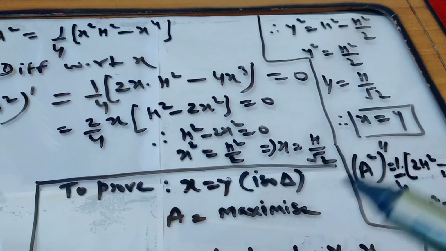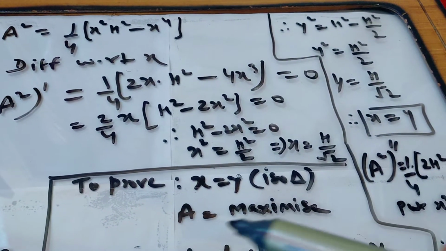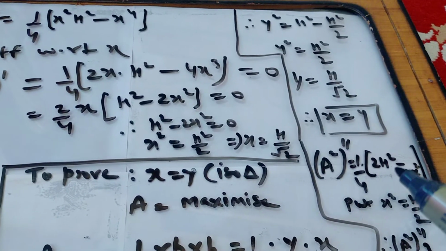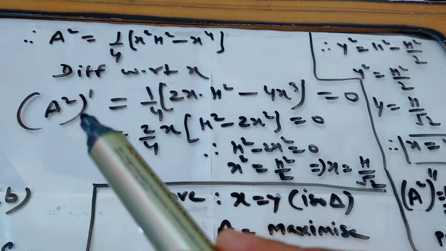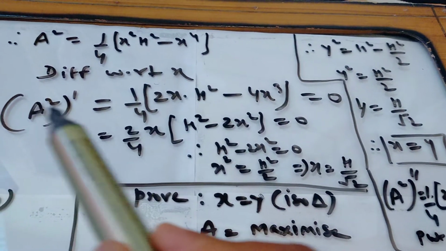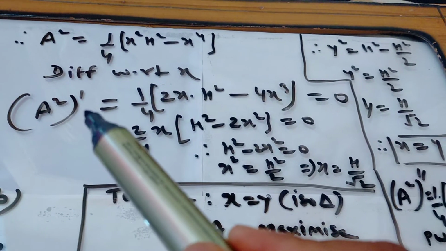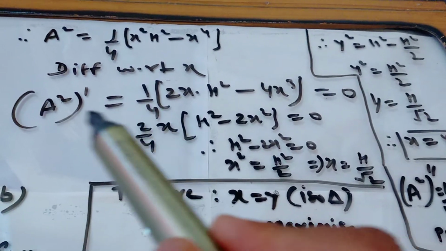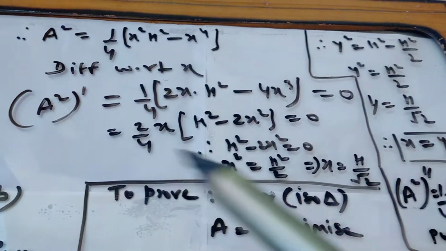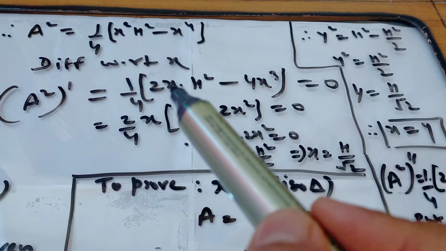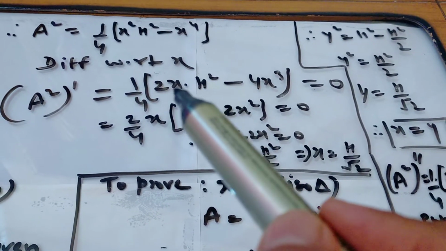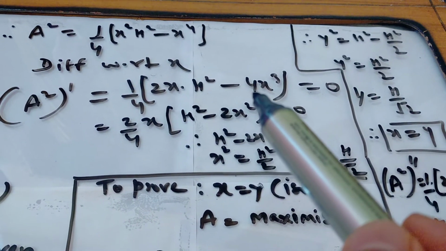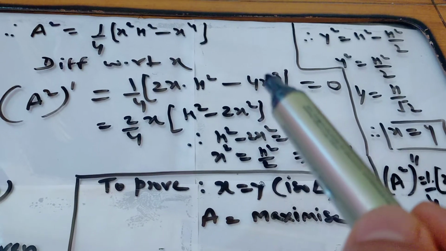Now we have to prove that its area is maximum. So we have to do a double differentiation, because this is the differentiation of one time. Now one more differentiation, the second order derivative, we have to find from here. So A dash will become A double dash, and here differentiation of x is 1, so it will be 2h square, and the differentiation here will give 4 threes are 12x square.